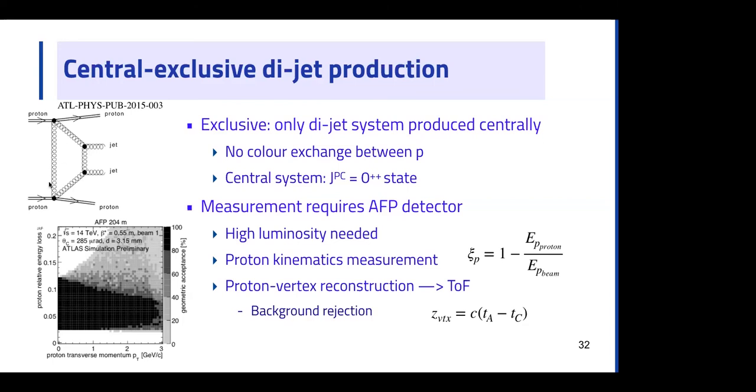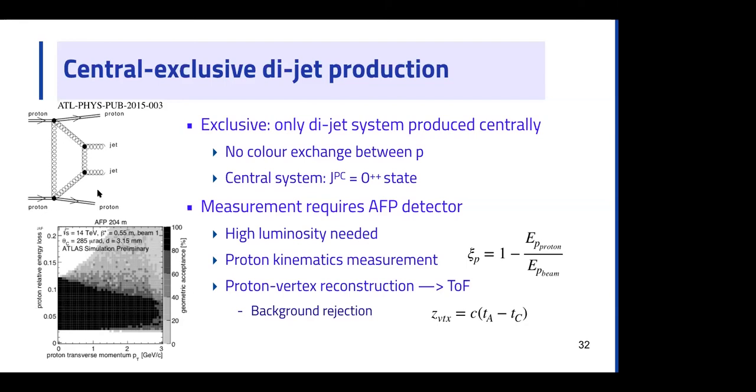And this gluon here ensures that there is no color exchange between the protons. So these 2 jets are the only activity in the central detector. There are no other proton remnants anywhere, okay? And this is different, for instance, from the other diffractive events where you can have some other remnants.